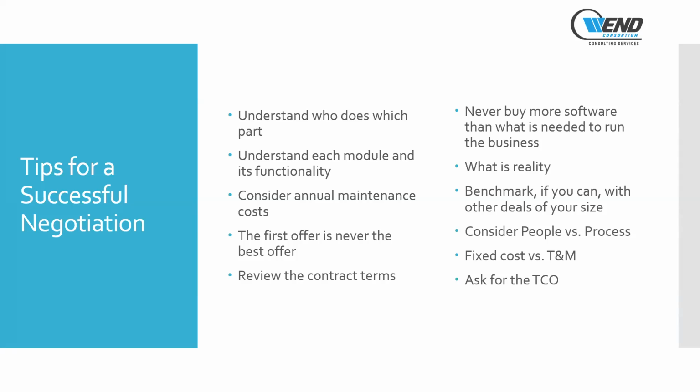If you can, always try to find out if we can benchmark against other deals. What is the vendor offering other companies that are similar to yours? Are there any competing vendor offers out there? Call out there, find out. We always want to get a good deal. So if we can benchmark against other deals of your size, we definitely want to have that as a tool inside of our negotiation belt.